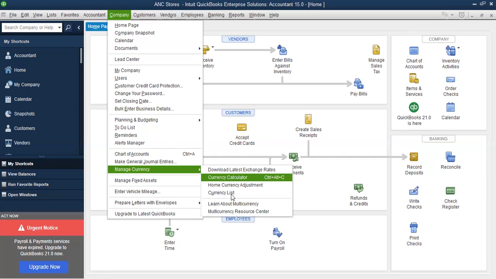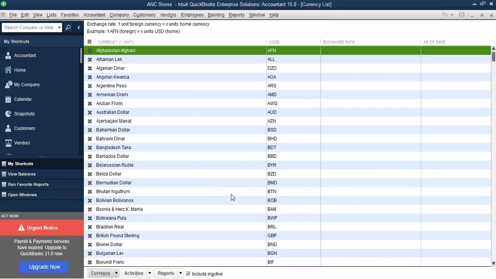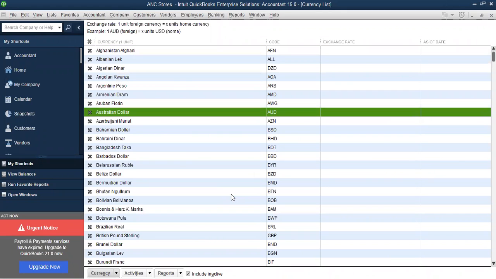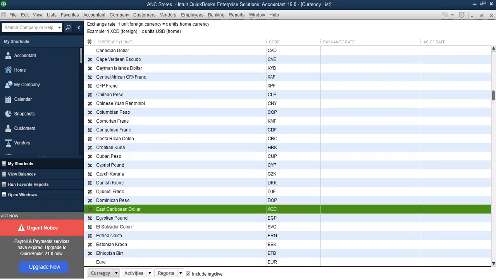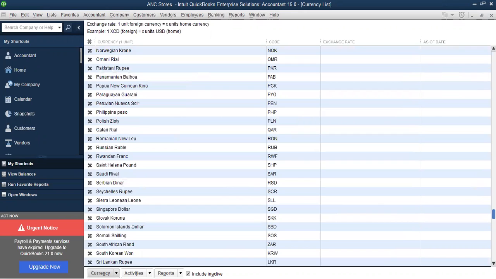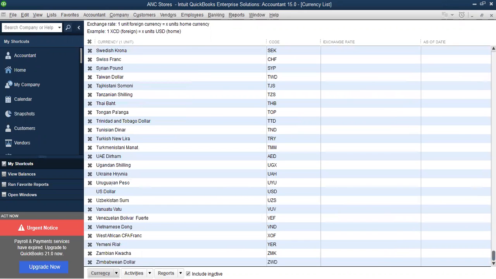Then you go to currency list. So you go to currency list. So our currencies, the world's currencies, are here from A going down to our motherland, here. Right, the Zimbabwean dollar is there.